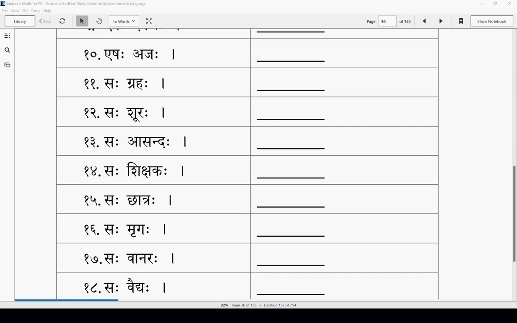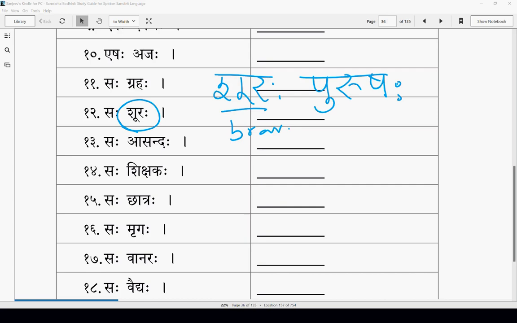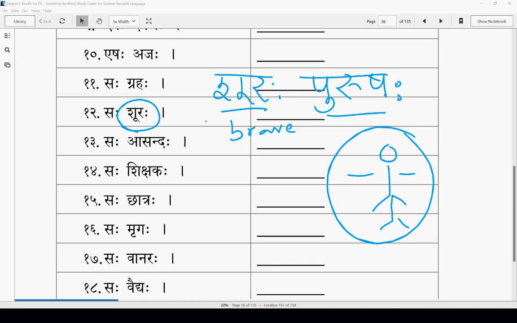Saha Shuraha Purushaha, let's say Purushaha means man. He is a brave man. We can say he is brave or he is man. Saha Shuraha, Saha Purusha. Both are referring to the same person, same object.